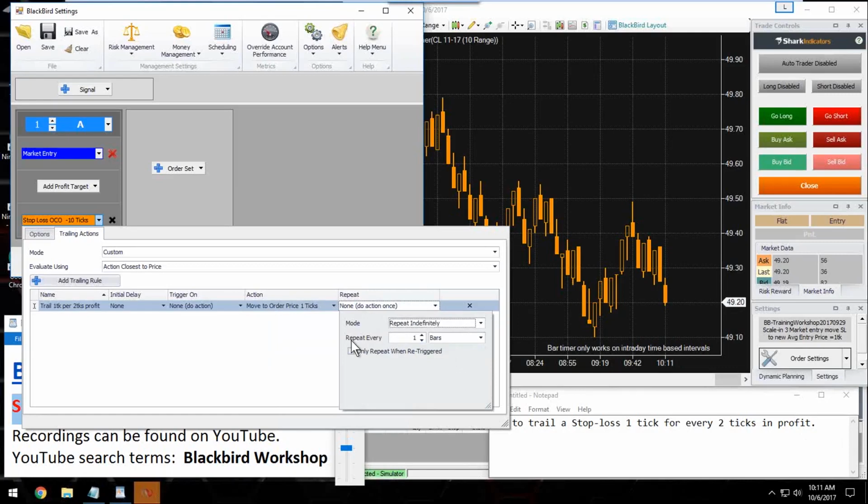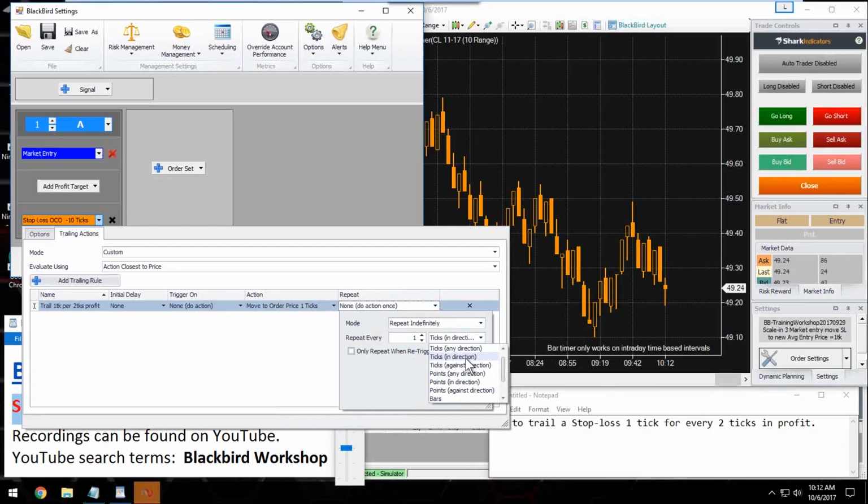And so you'll notice we have a repeat every section here, so we can control when this stop loss trailing gets repeated. In this case, we want the stop loss to update in real time on a tick by tick basis, right? So we want to do ticks in direction.